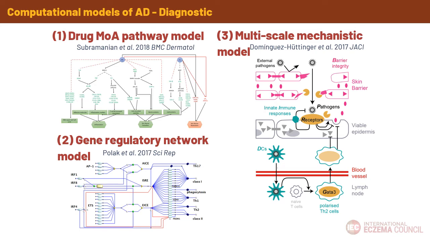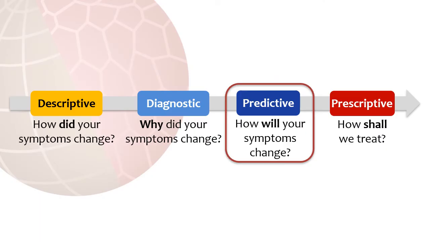And finally, Dominguez-Huttinger et al. developed a multi-scale mechanistic model that describes the dynamic interplay between skin barrier function, immune responses, and environmental stresses that determines AD pathogenesis using hybrid ordinary differential equations. And this model further inspired several models for predictive analytics, as shown in the next slide.